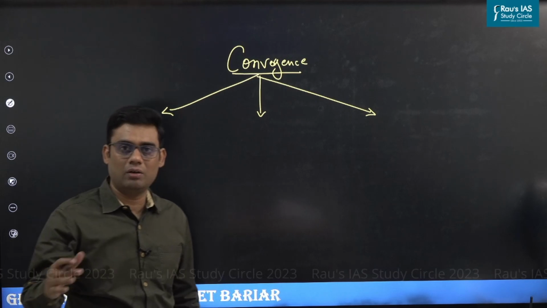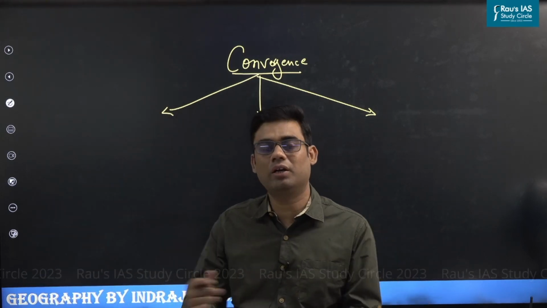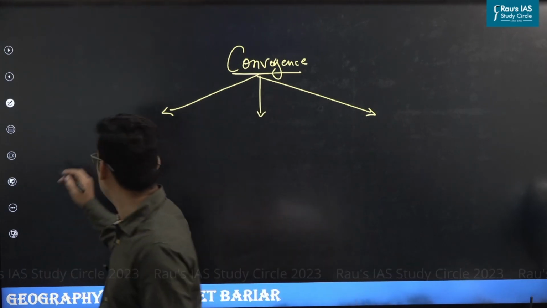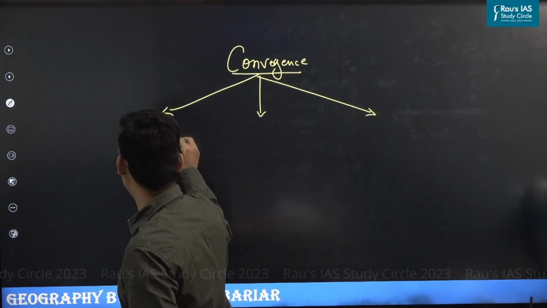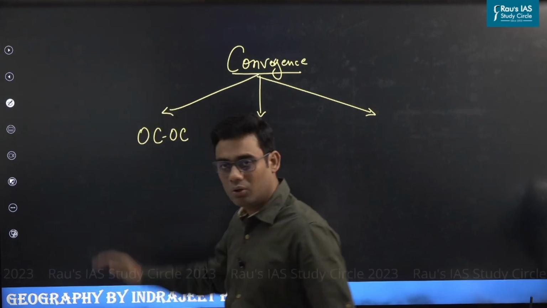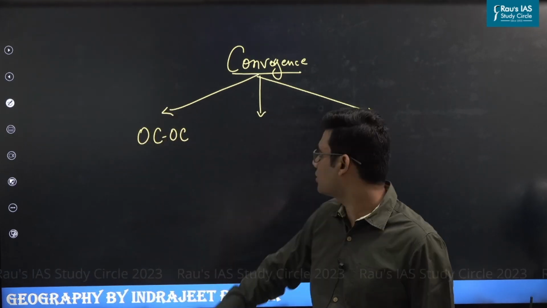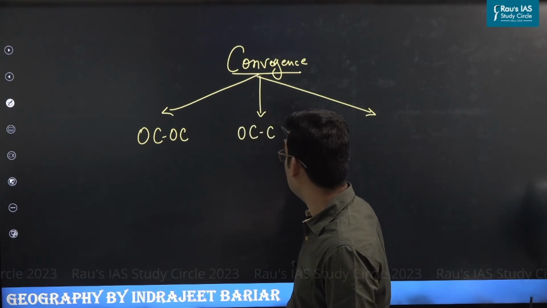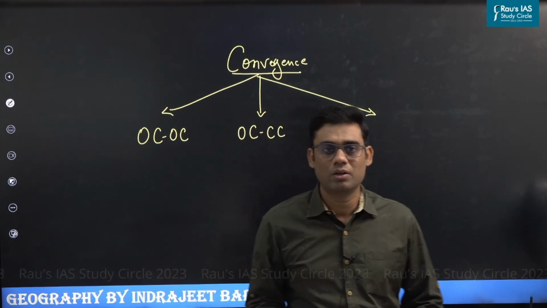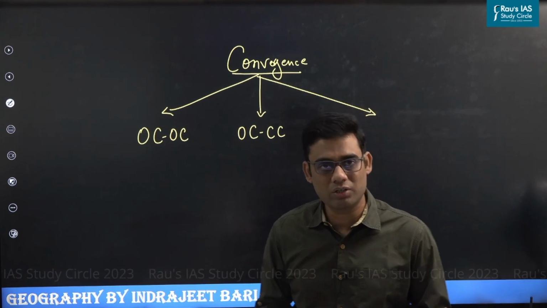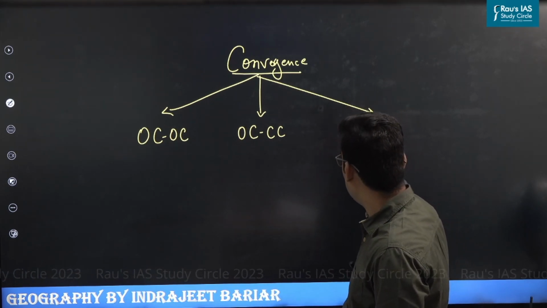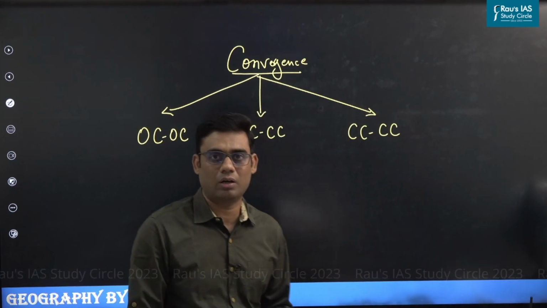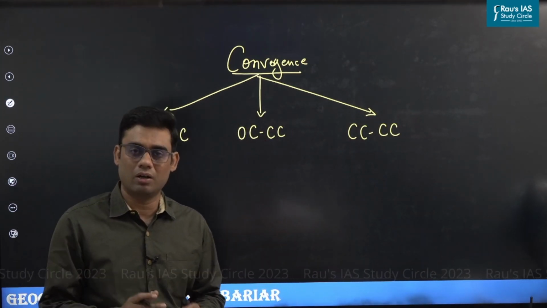Either two oceanic crusts are interacting with each other, which we call OC-OC convergence; or one oceanic crust is converging with a continental crust, OC-CC convergence; or one continental crust converging with another continental crust, CC-CC convergence.